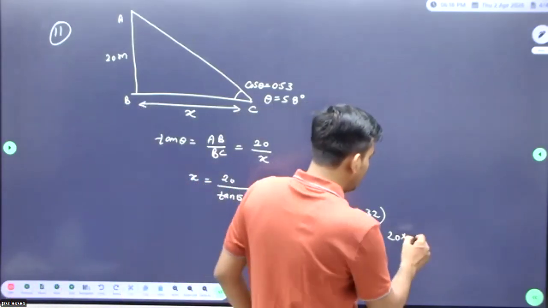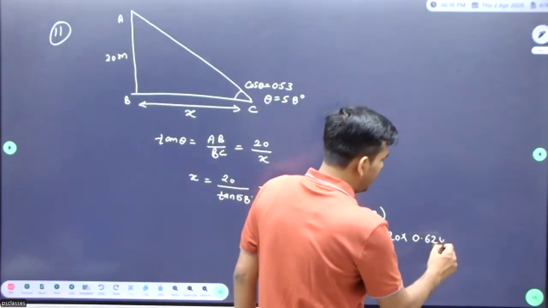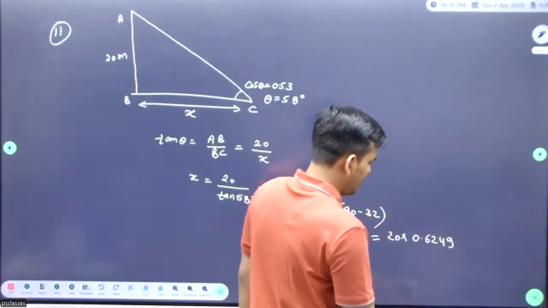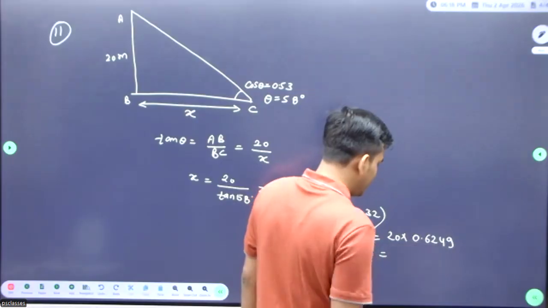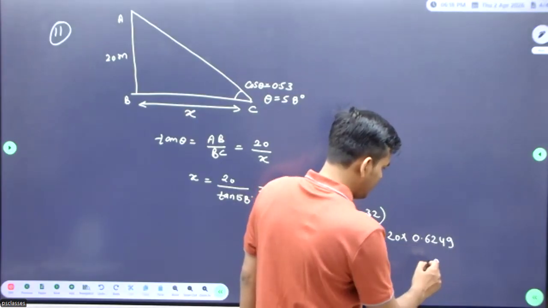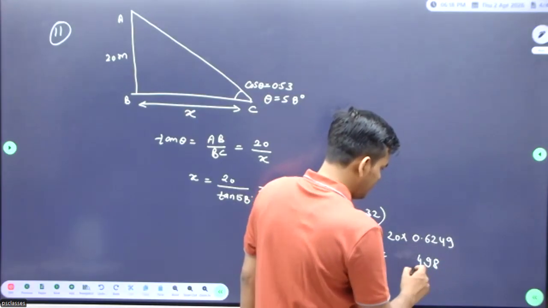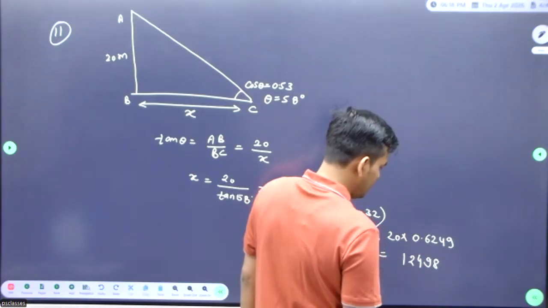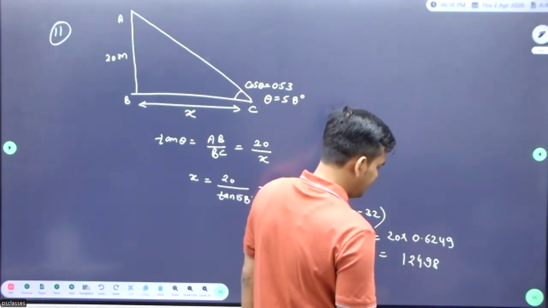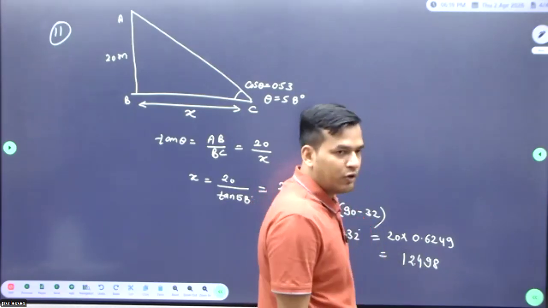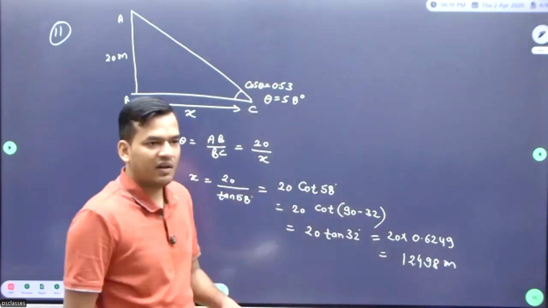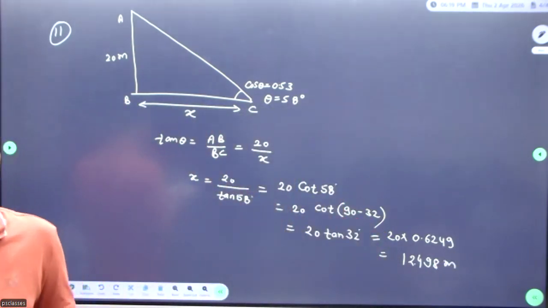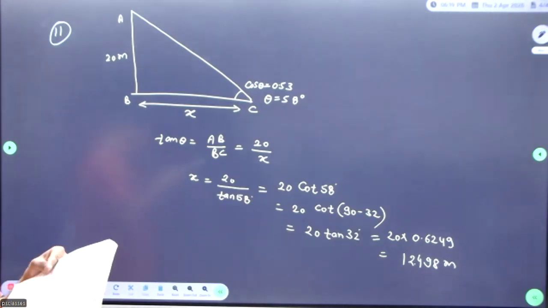So 20 into 0.6249. So multiply this. 12.498 meter, or 12.5 meter if it is up to one decimal place.